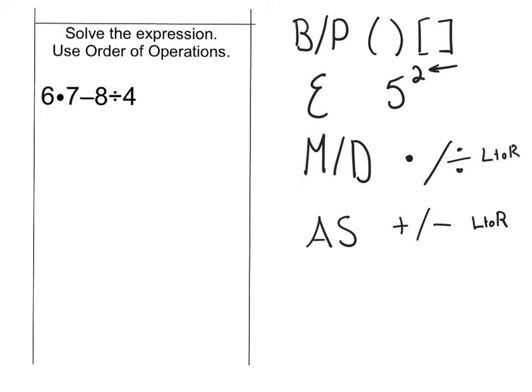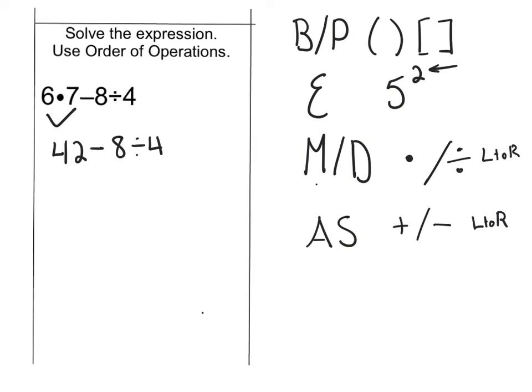So in this one, we see that we have multiplying and we have dividing and we also have subtracting. So we're going to take care of multiplying and dividing first. So we're going to go left to right. We're going to take care of this multiplication first. 6 times 7 gives me 42. Then I'm going to rewrite everything else.